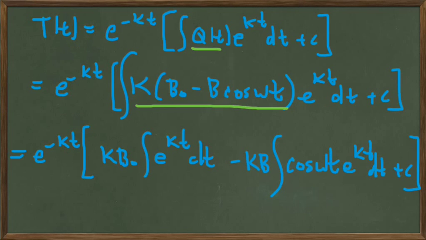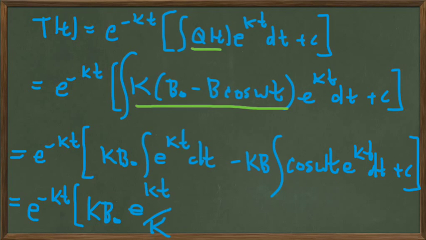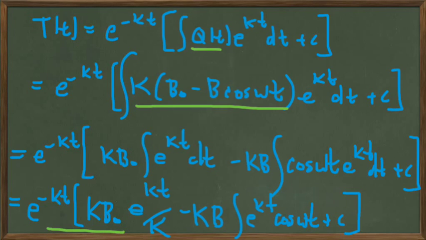The first integral is easy to do. Leave the kb0 here, integrate e to the kt, and we get e to the kt over k. Everything else we leave the same. After cancellation, e to the minus kt times e to the kt is e to the 0, the k's cancel out, and so that first term is just going to be b0.